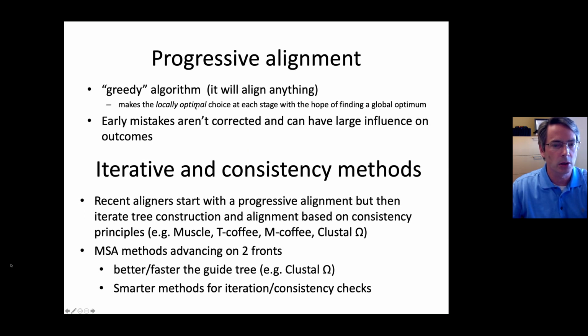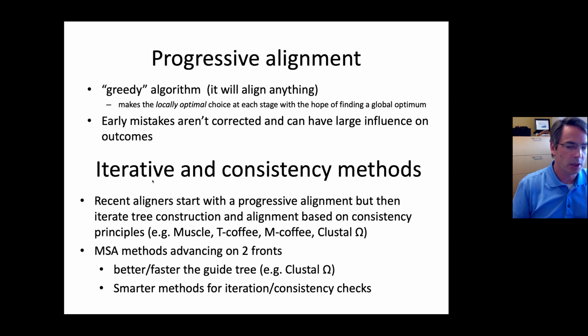So making those locally optimal choices, you hope that they find the global optimum, but we know that that's not guaranteed to happen. Just philosophically, greedy algorithms have that problem where you make an early mistake and that mistake gets compounded.